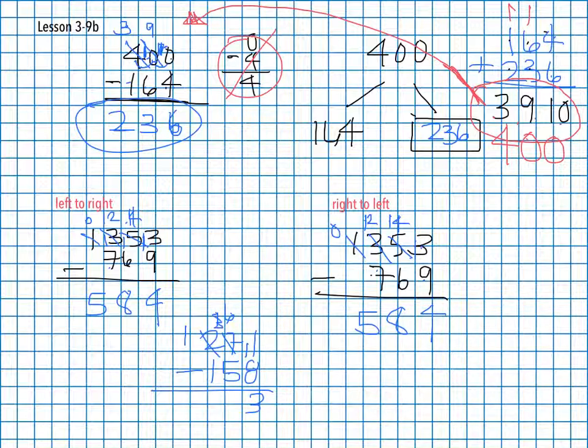You don't have to borrow that. 6 minus 5 is 1, and then you have 2 less 1 is 1. So remember, one of the things that makes this left to right difficult is sometimes we don't have to borrow. And when we run into problems where we don't have to borrow, some of us are borrowing right away without needing to. And then that's really going to throw our math for a loop.